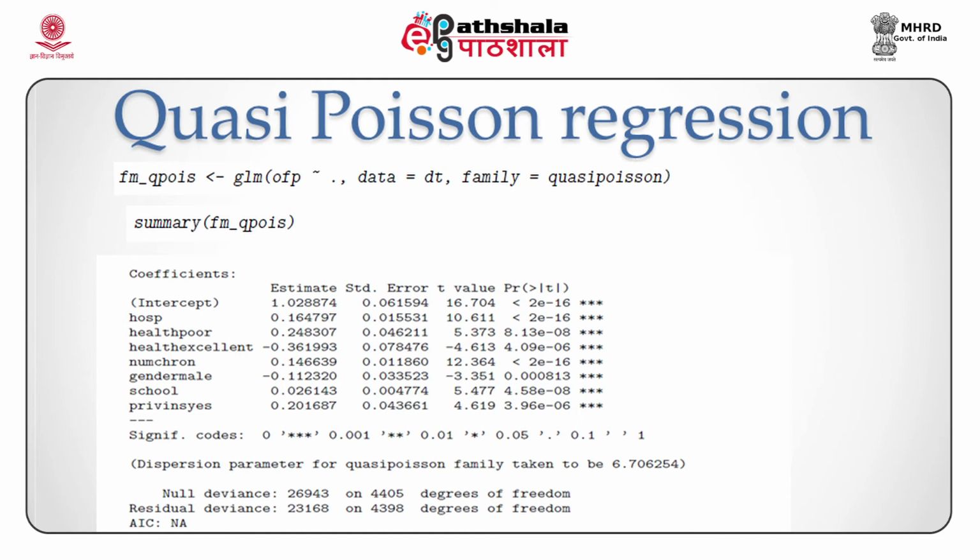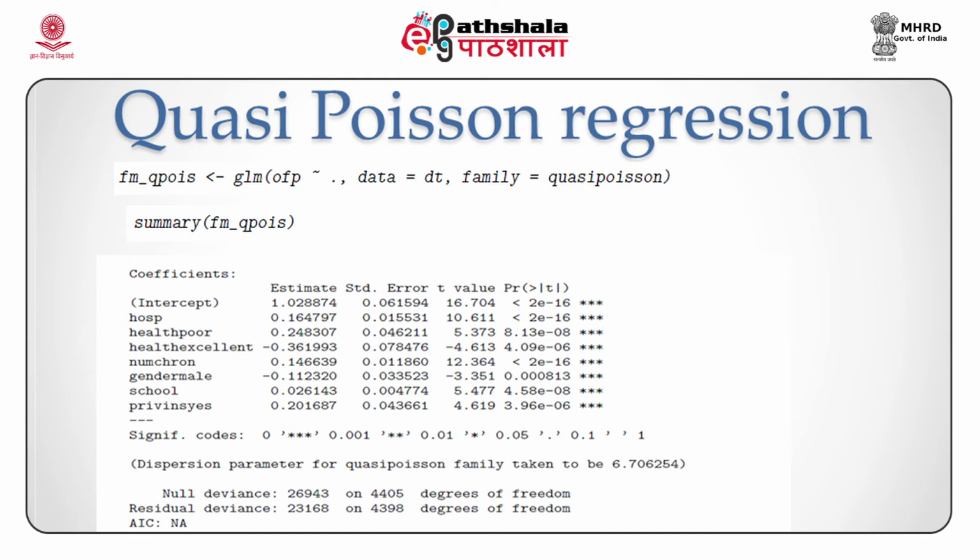When I do a summary of the quasi-Poisson object, I get the usual estimates: the coefficient, the standard error, t values, and p values. There is, however, one line of difference which says that the dispersion parameter is no longer 1, but rather there is a line saying that the dispersion parameter for the quasi-Poisson family was taken to be 6.706254.